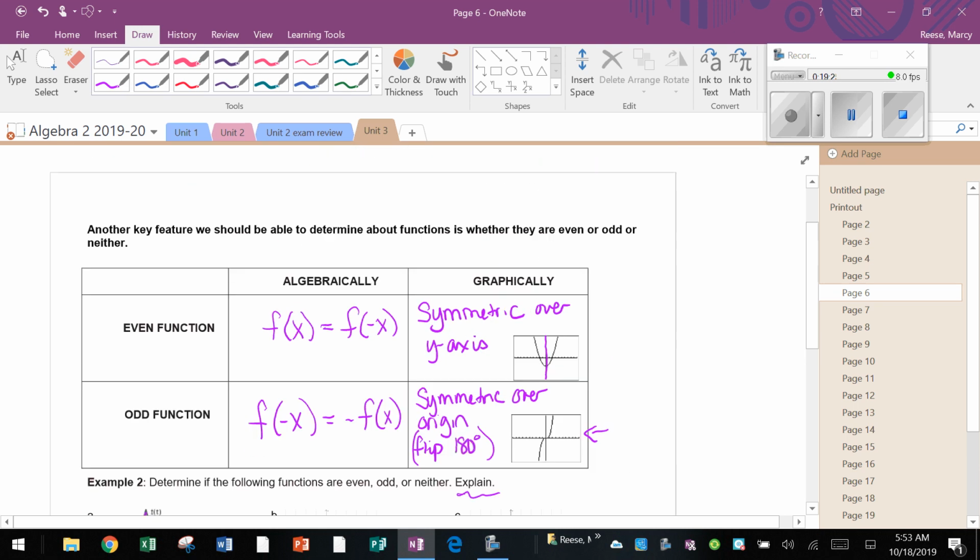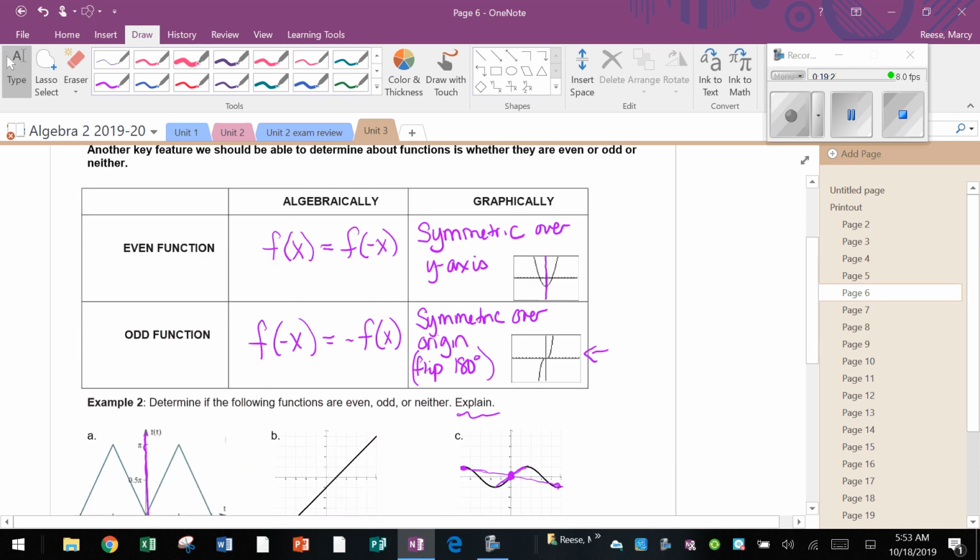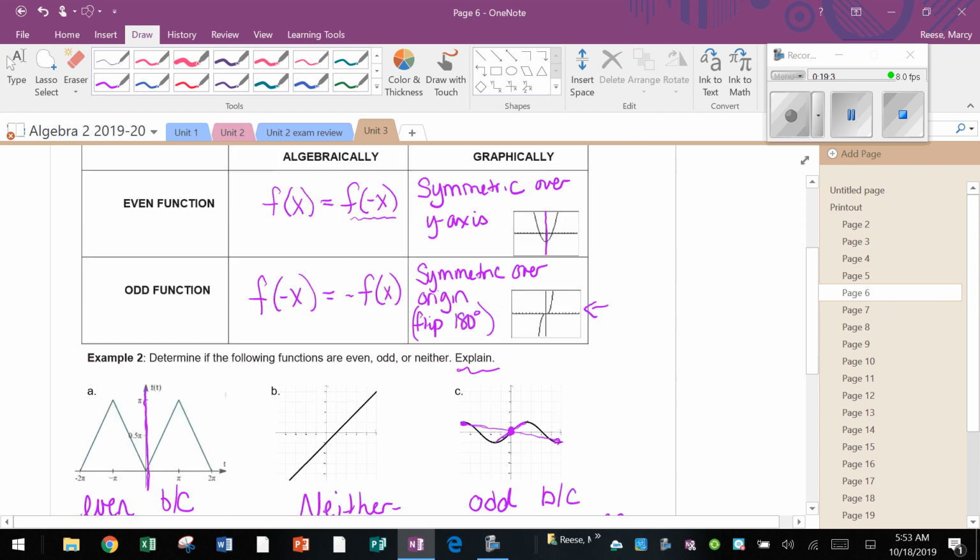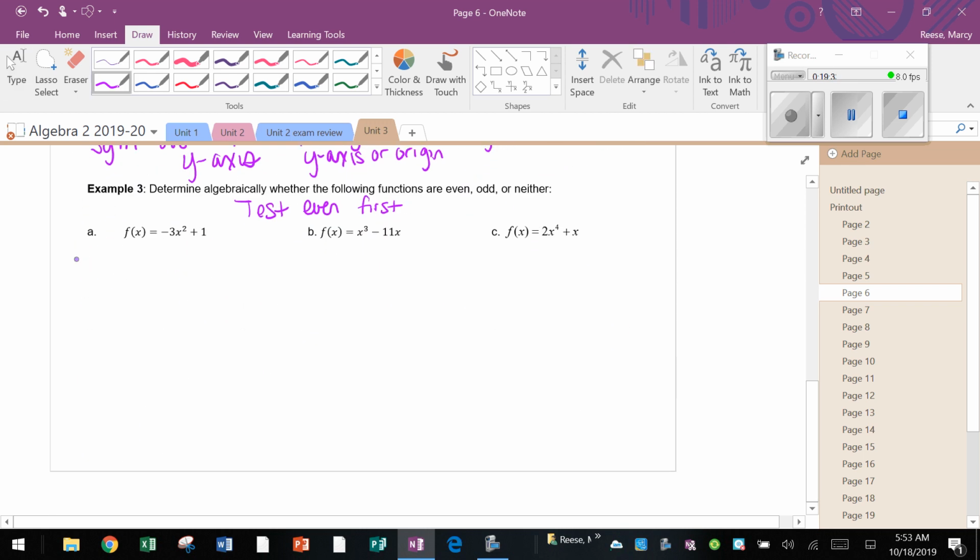So remember what even test is. It's where we put negative x in the function. Okay, so we're going to do this first. We're going to do f of negative x and make all the x's negative x. Okay, so remember I told you yesterday, if it is an even exponent, then that pops out as a positive x.